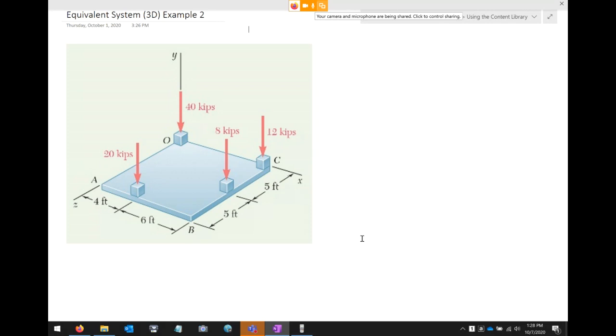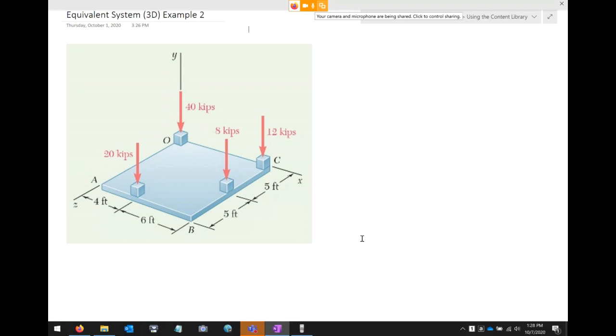And so with this problem I want to take it a little bit of a step further. First, I want to determine an R vector and an M vector, just like before, where we took all of these loads and idealized them as a single force vector and a single moment vector.